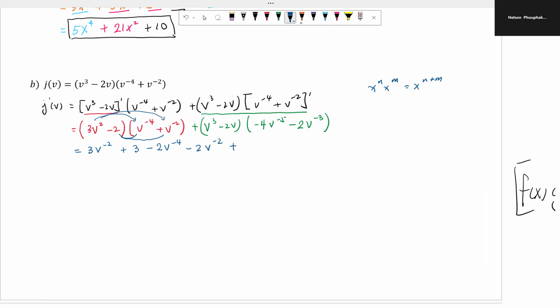We'd like to add. So I have negative 4 v to the negative 2 minus 2 plus 8 v to the negative 4 plus 4 v to the negative 2.